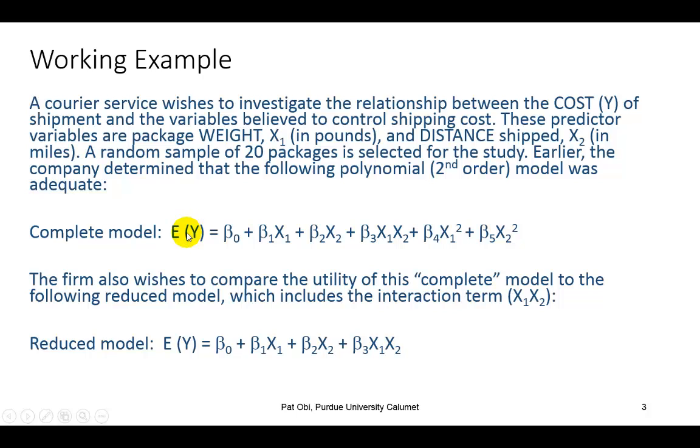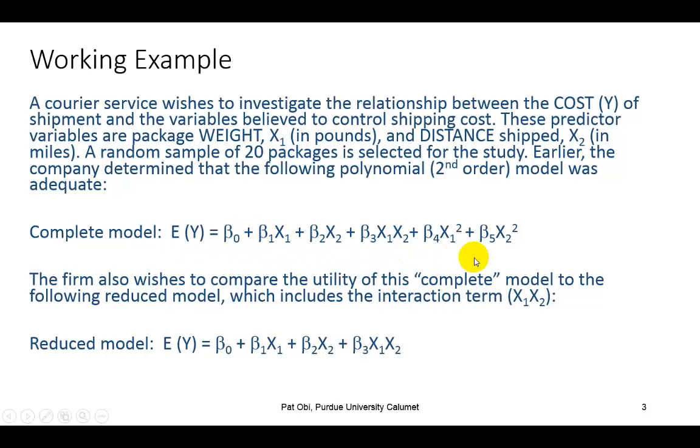And then the quadratic terms right here measure the curvature in the response surface, trying to capture the curvilinear relationship that may exist between shipping cost and weight of shipments as well as distance, telling us that perhaps cost does not go up monotonically as weight and distance increase.